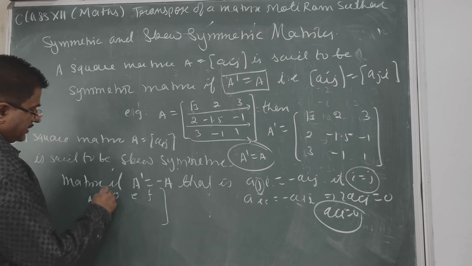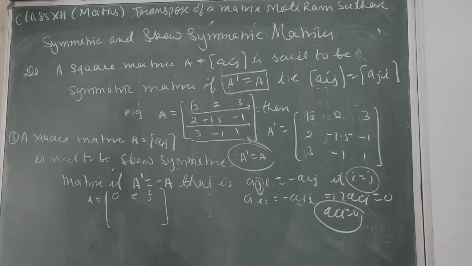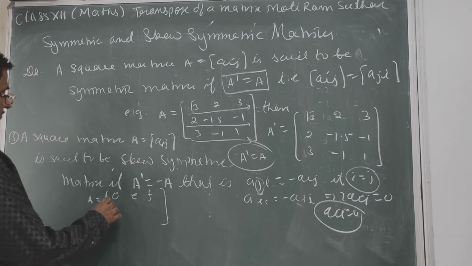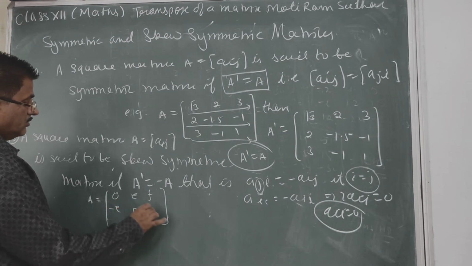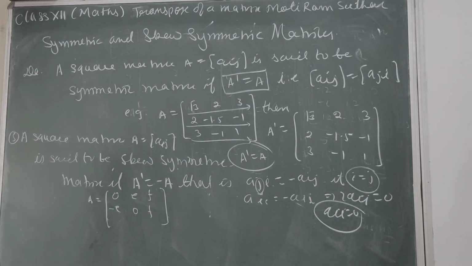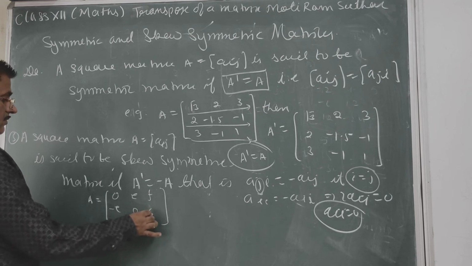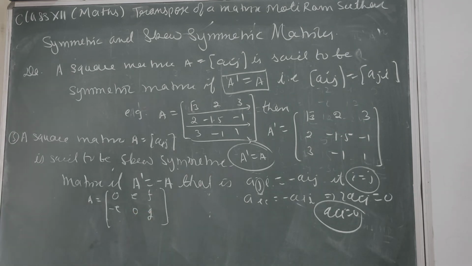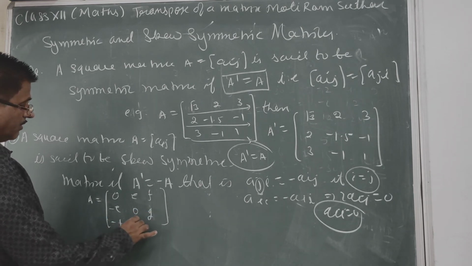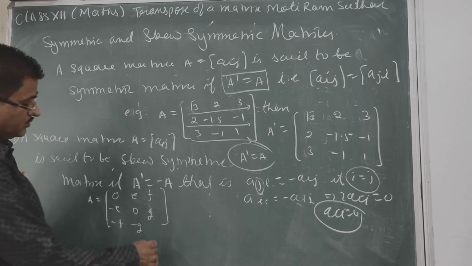कोई भी एलिमेंट ले सकते हो, नंबर या लेटर्स. Minus E 0 G, then minus F minus G and 0.